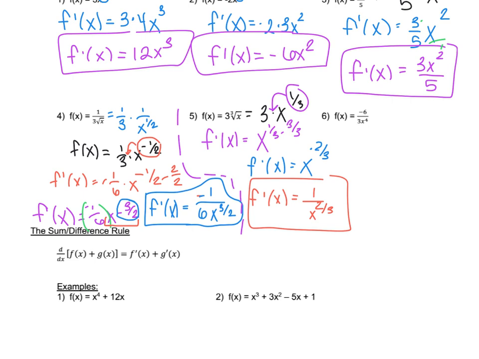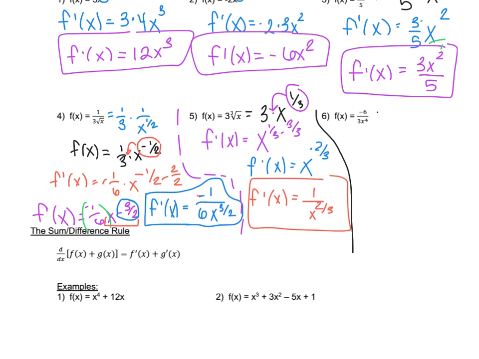All right, I do want to get through number 6 as well before we move on. So again, a lot of this is just rewriting in a clever way so that you can apply the power rule. So right with number 6, we're looking at f of x equals negative 6 over 3x to the 4th.